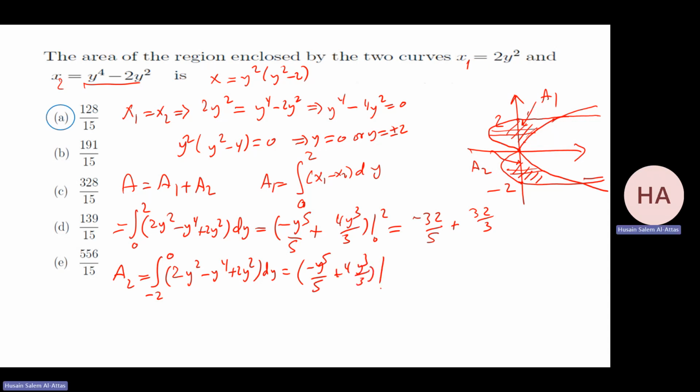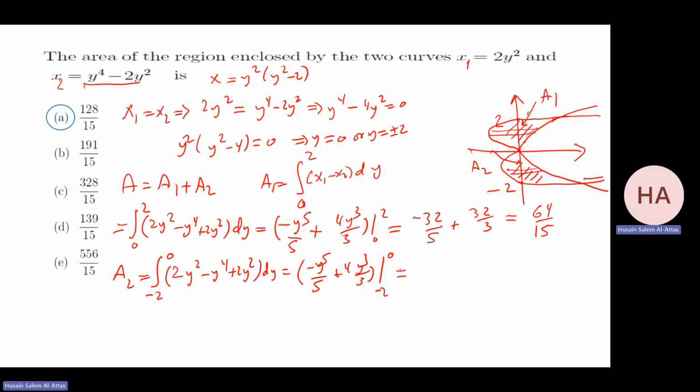This time from minus 2 to 0. Yeah, it actually should be the same. By the way, this is what? 3 times minus 3, 32, plus 5. So I have 2 times 32, 64 over 15.